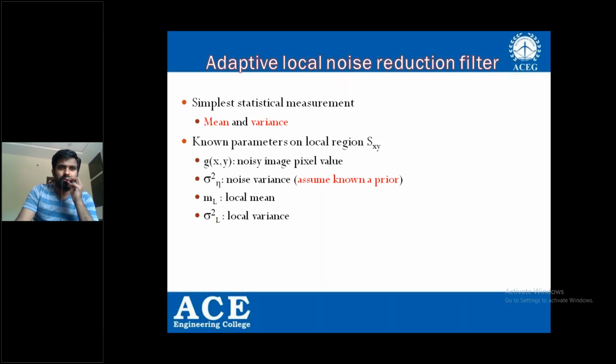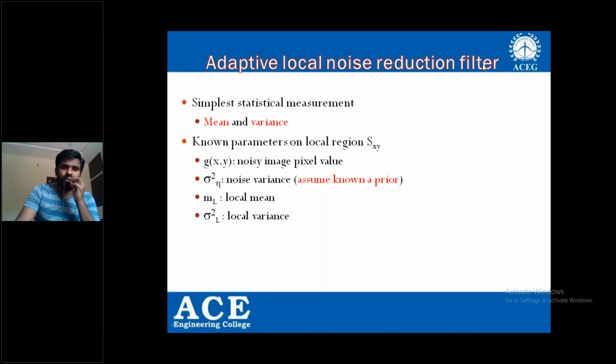We also need parameters in the local region: g of x comma y, the noisy image pixel value mentioned in the last class, the noise variance, which we represent with sigma square, and the local mean value, that is M L.